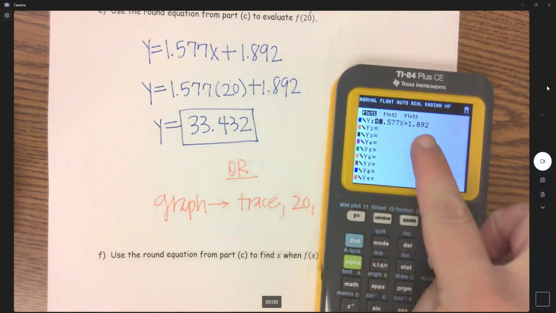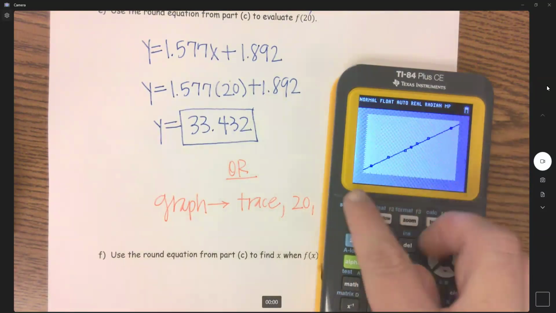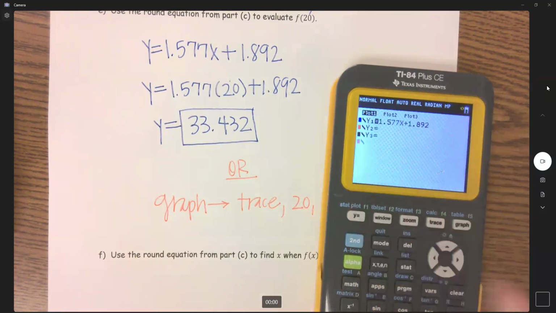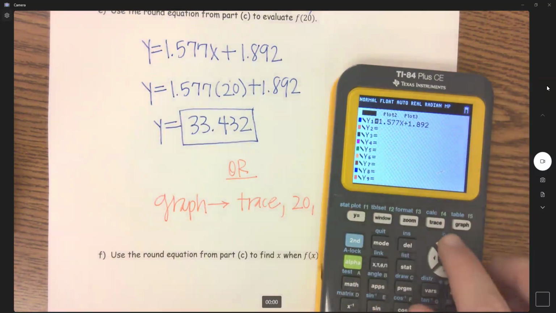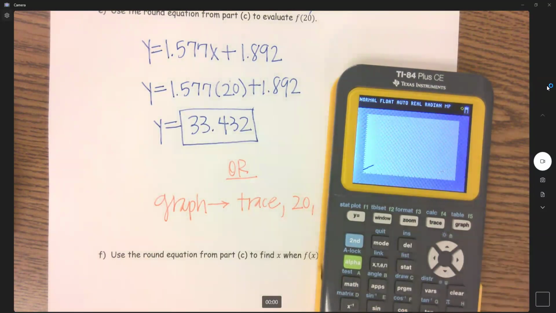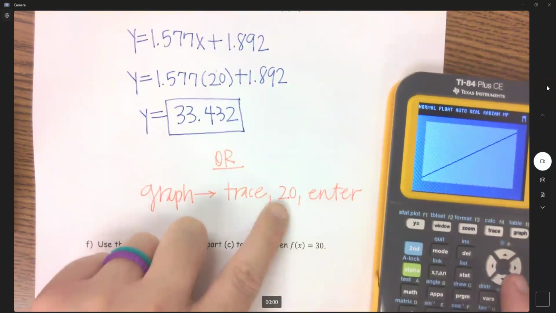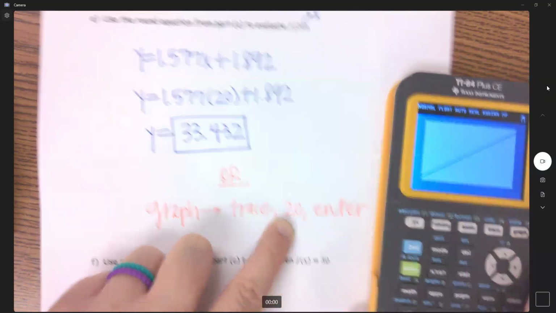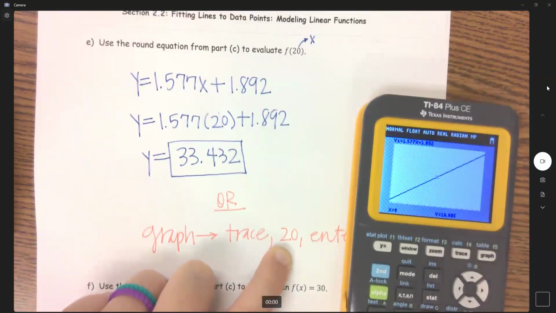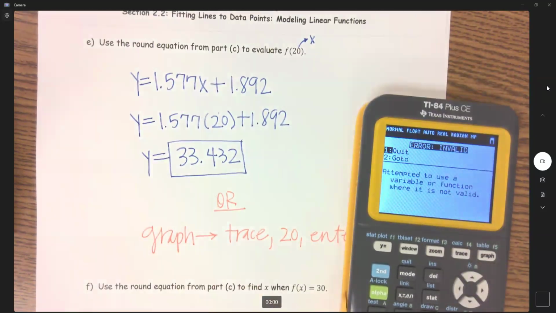I already put that in my equation so that I could see how it fit with those data points, but I want to turn those data points off. So I'm going to turn my plot 1 off. Now when I graph, it is just that line of best fit. So now I can do trace 20, since that's what my x equals. Trace 20 and hit enter.